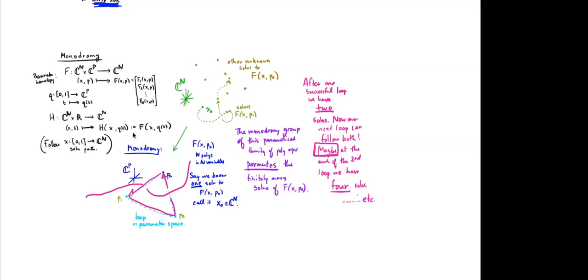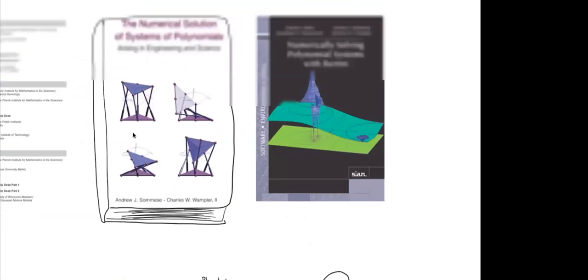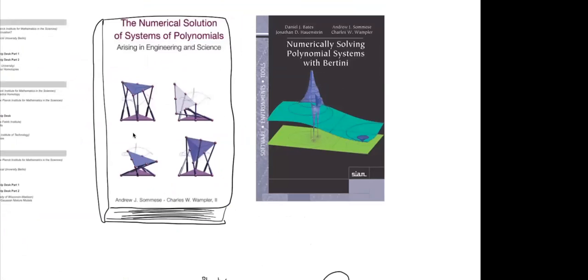And so in my mind, there's some subset of our parameter space that if you loop around it, will induce a permutation, but I actually don't know. So this would be something to look up and find out more about, perhaps in one of these books.